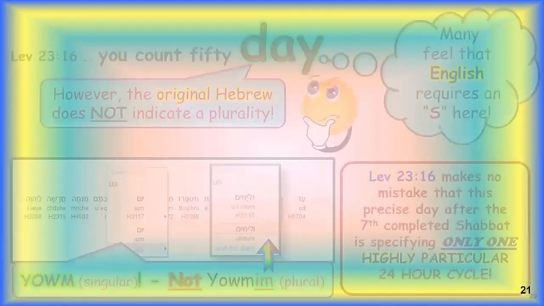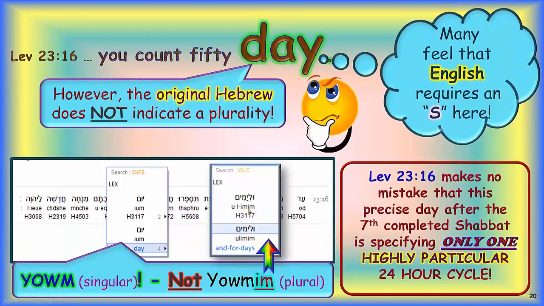I went too far. See the M, there's your M suffix on the end. And what does it say down here? And for days, that is your plural. Yet, in Leviticus 23:16, this is not seen. It is not plural. It is one specific 24-hour period. That's it. No more and no less.